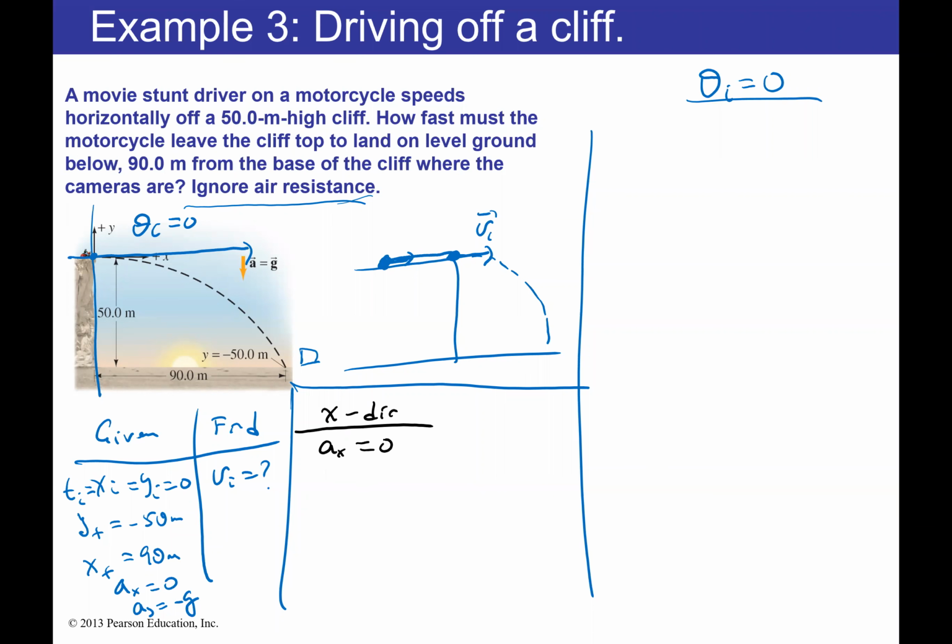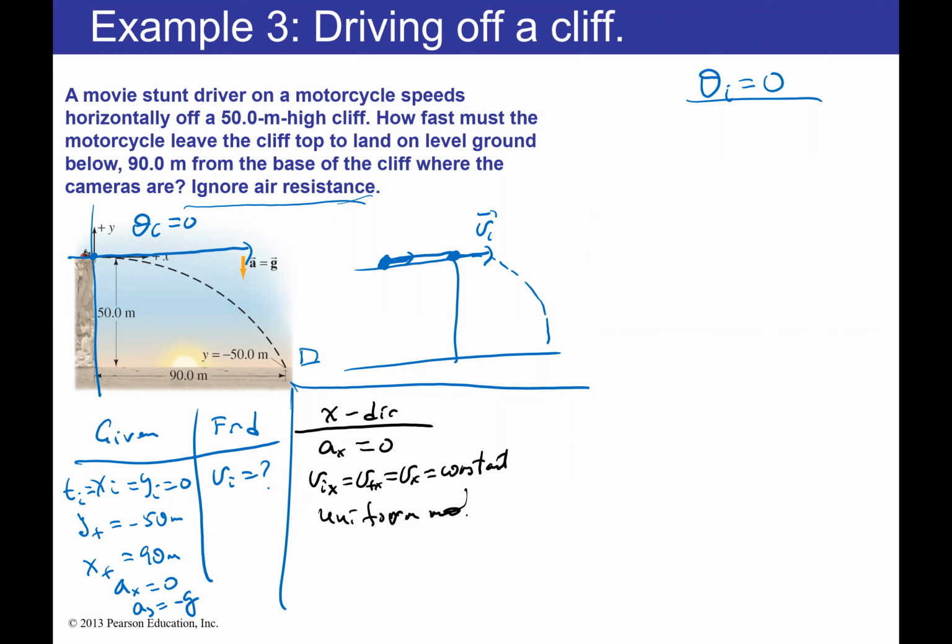If there's no acceleration, the initial velocity in the X direction is the same as the final velocity in the X direction. That means I have just Vx, and it's constant, which means this is uniform motion. And that means I have just one equation in the X direction: delta X, displacement in the X direction, equals Vx times time. Just this one equation.